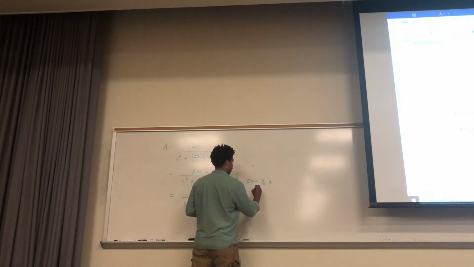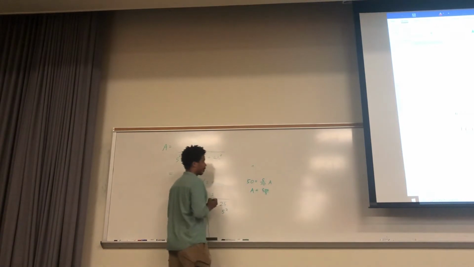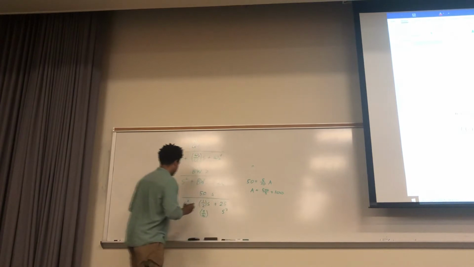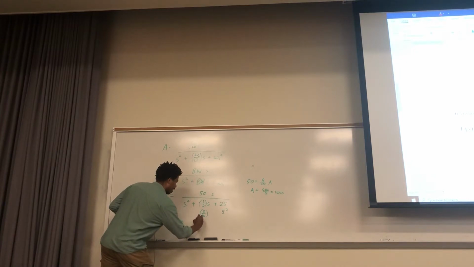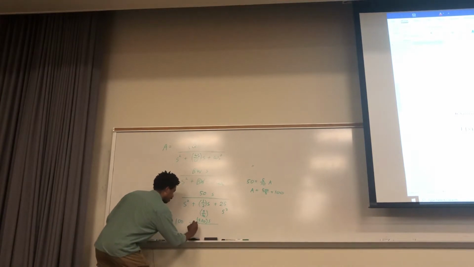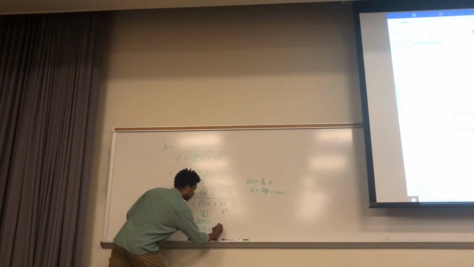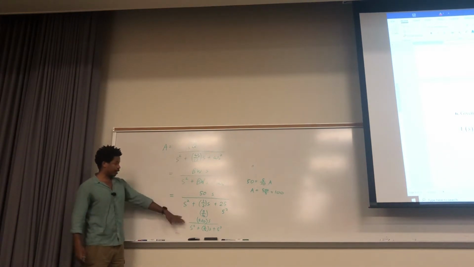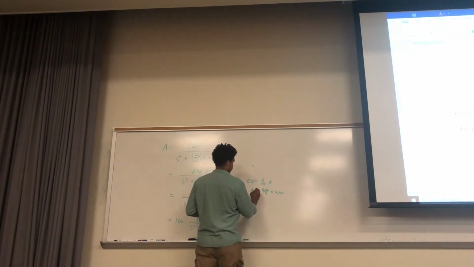If we solve for A, that's going to be 500 over 5, and that's going to be 100. So we have a 100 right here, and then our numerator we have 5 over 10 s, and then we have s squared plus 5 over 10 again s plus 5 squared, to force it into this kind of shape. Now we can just pick off what everything is. Our A is 100.